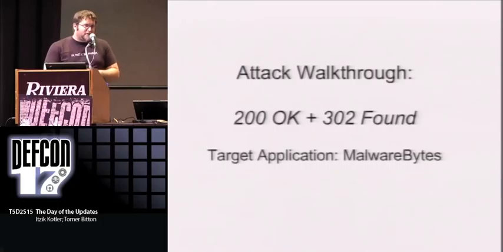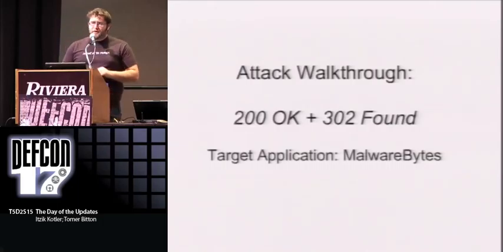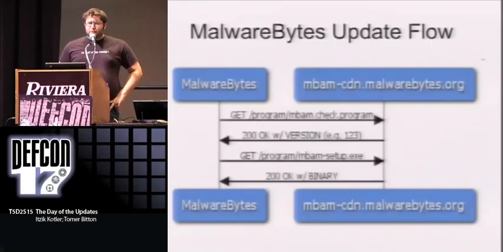Okay, the last example that we're going to review is a much more complex one. The Malwarebytes application is an anti-malware application. Its update procedure is a little bit complex, but not that much. First, it begins by querying the server on whether there's a higher version available.